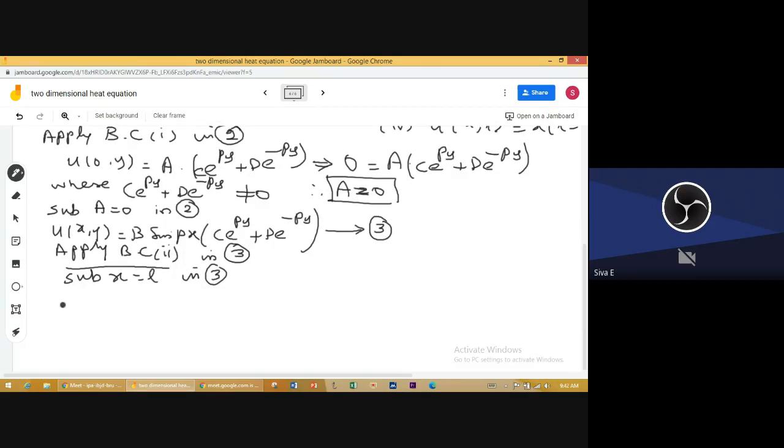What do you get? u(L, y) = b sin pL (c e^(py) + d e^(-py)).